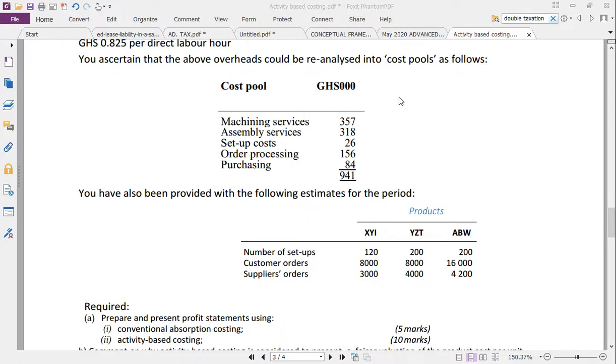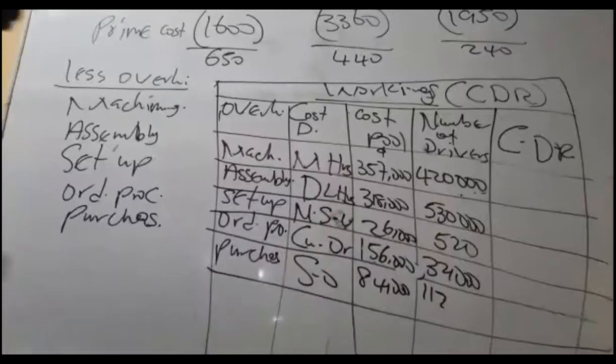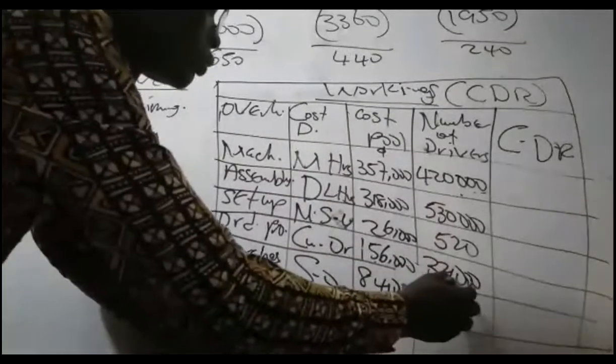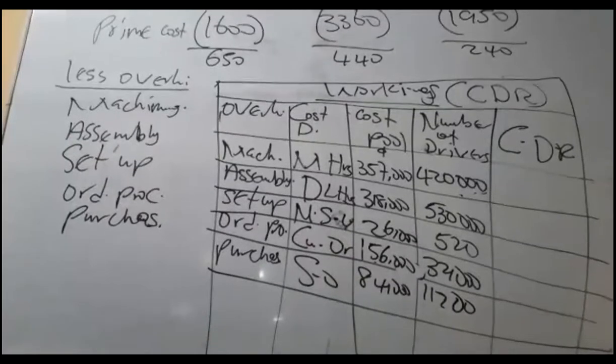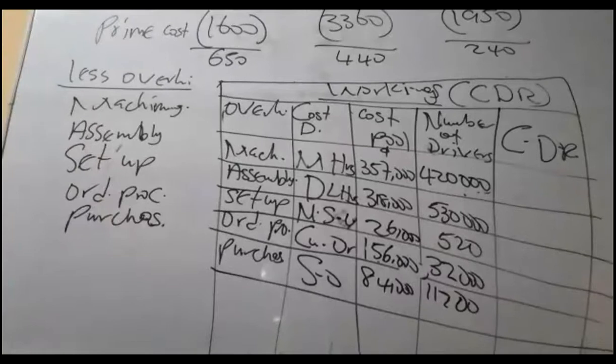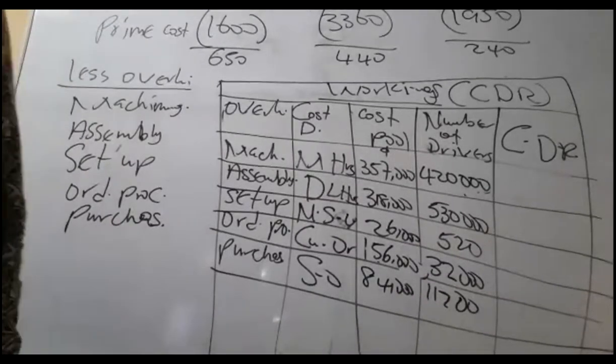So let's put in the figure. The number of drivers is 11,200. Now let's get the cost driver rate. Okay, so let's fill in the spaces here.